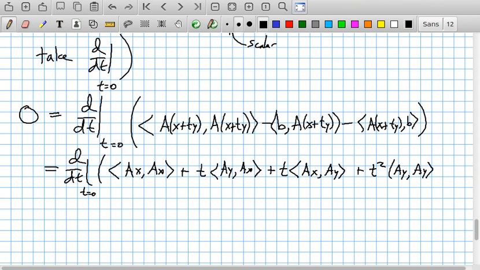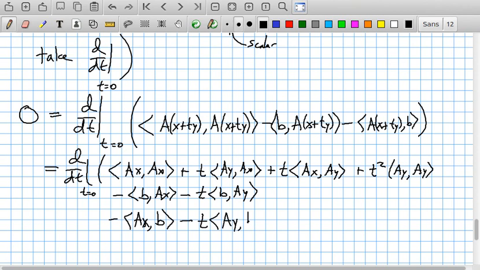So that's all from the first term. The second term has a minus b, ax, that's going in the trash, minus t, b, ay, and the last term is going to have a minus ax, b, minus t, ay, b.